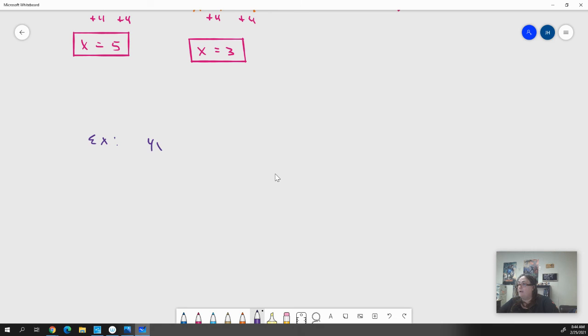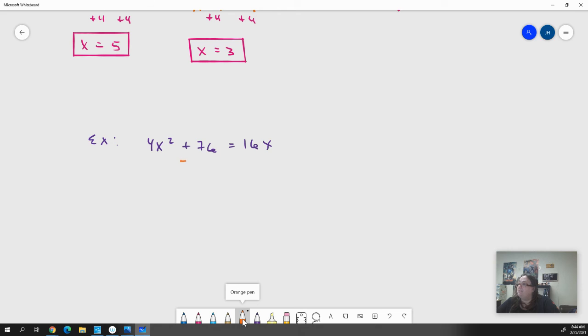if I have 4x squared plus 76 equals 16x, we need to get this in the proper order. We need to move this x term over here and then move this constant on this side. So what that means is that I need to manipulate this before I start.